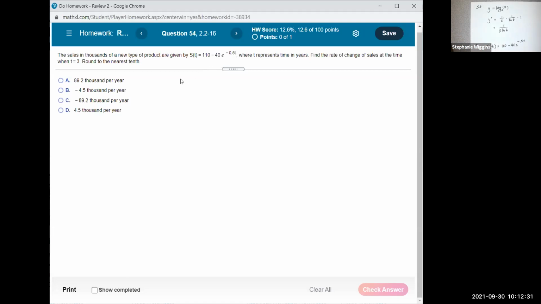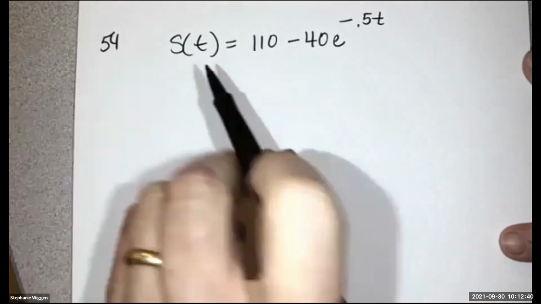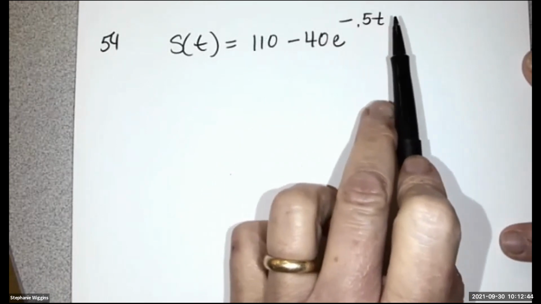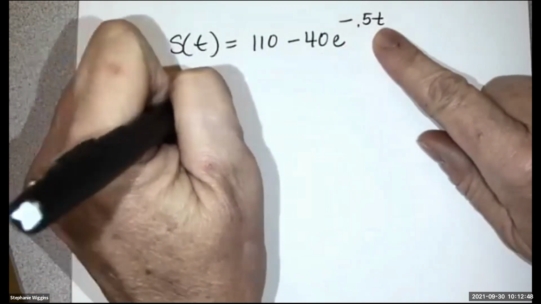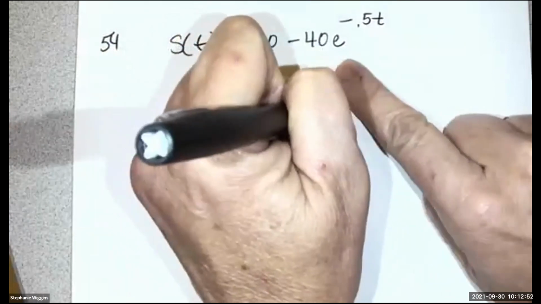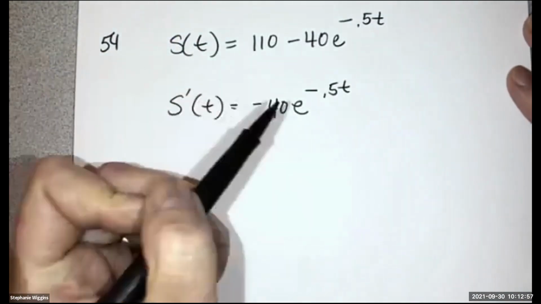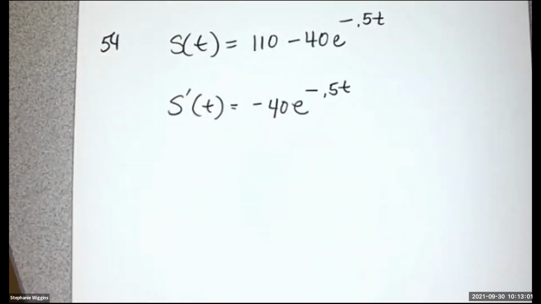Okay, so I'm going to take the derivative of that because they say find the rate of change. The derivative of a constant is 0, so I'm really just taking the derivative of this piece right here. Since this is exponential, I copy what I see, negative 40e to the minus 0.5t, and then the base is e, so I don't have to multiply by the natural log of the base because that's just 1.